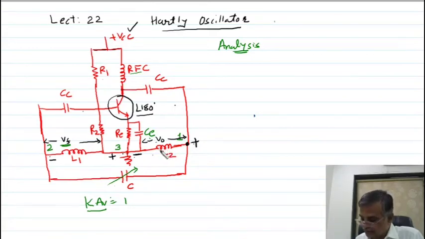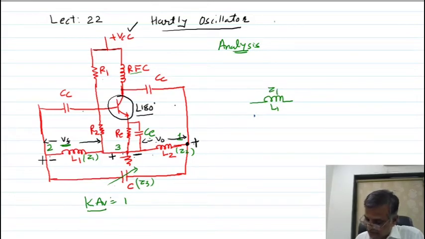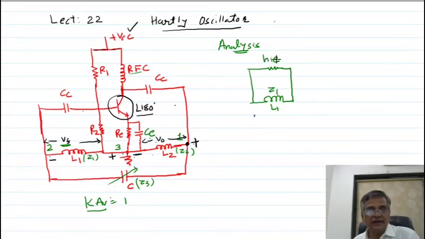I am showing the equivalent circuit of this Hartley oscillator. This is your inductor L1, let me say it is Z1. This is your Z2, this is your Z3. You can see here, it is between the base and ground, so it is the input resistance of the transistor that I have to consider, I am writing HIE. This is your ground potential.